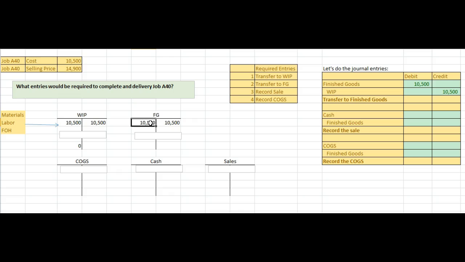Now we sold it. So we're going to record the sale. So that involves a cash sale of 14,900. And I have the wrong account there. There should be sales.